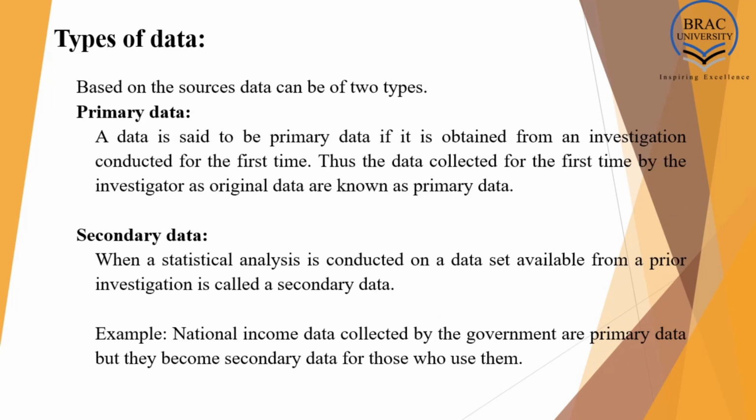Based on the sources of data, data can be of two types. One is primary data and the other one is secondary data. If for any investigation we collect information from the field for the first time by the investigator, that data is known as primary data.